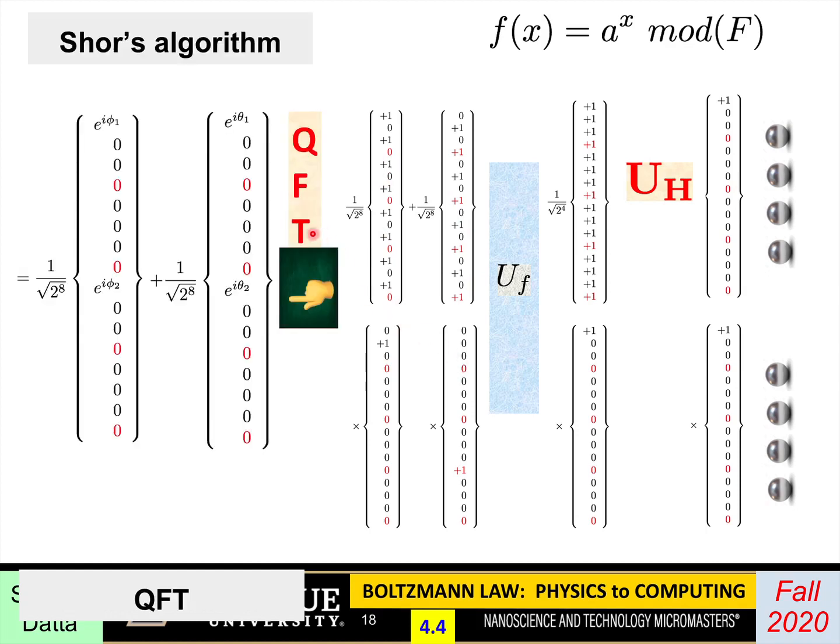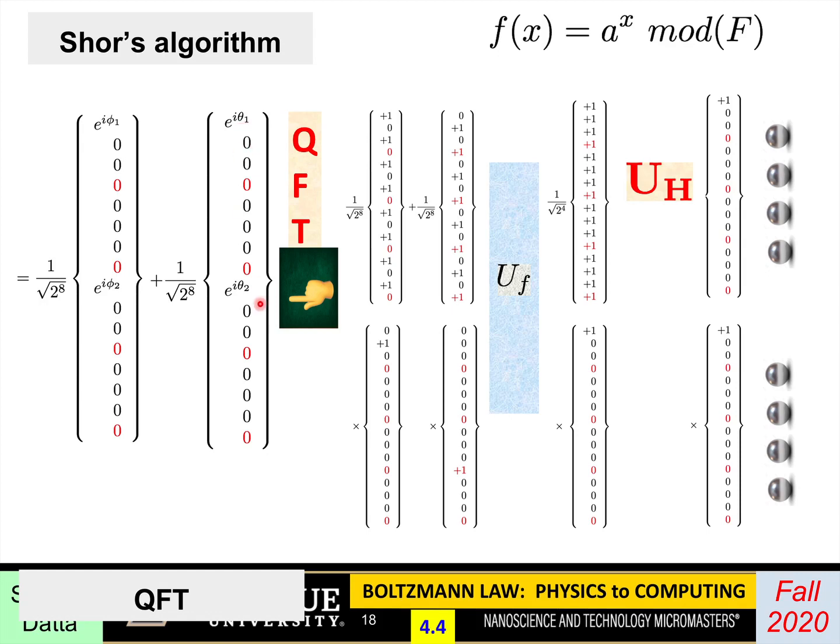Next, what you apply is what's called the quantum Fourier transform. What the quantum Fourier transform does is take something like this and produce a set of coefficients which are the Fourier transform of the original coefficients. Because this is a periodic function, when you take the Fourier components, you get peaks.